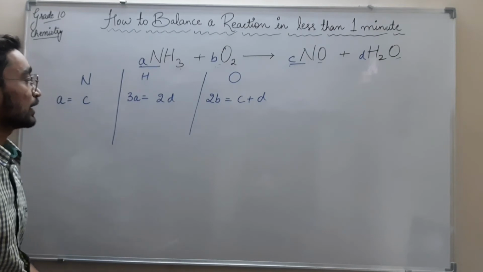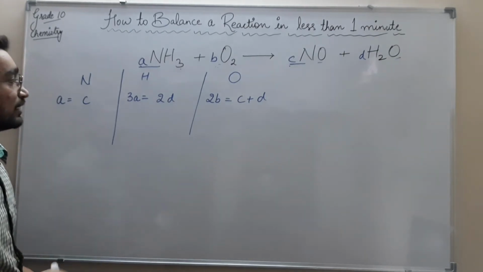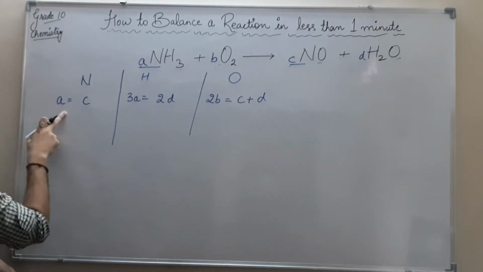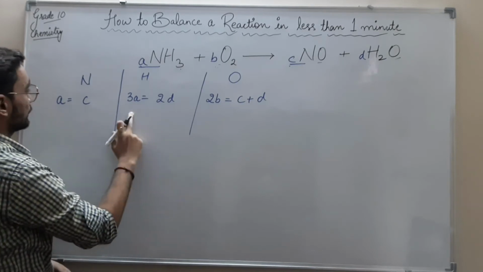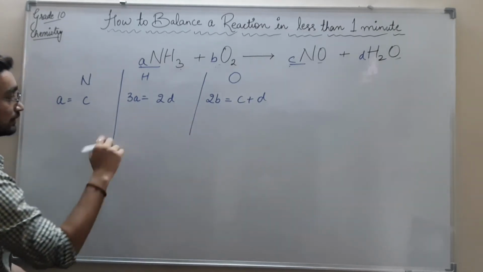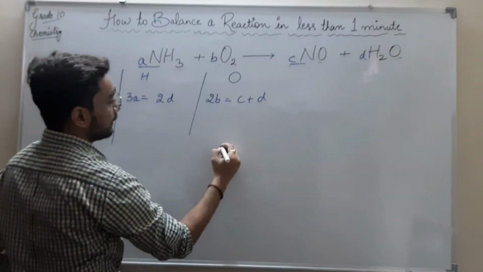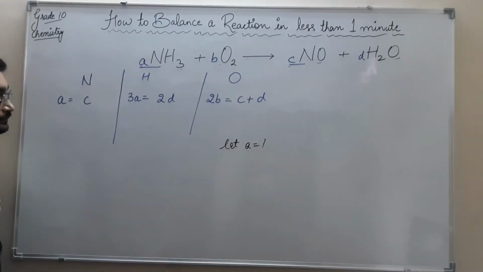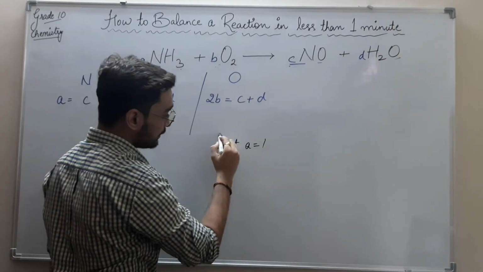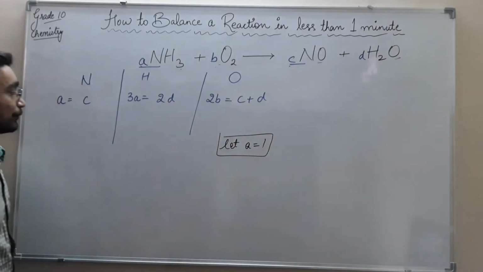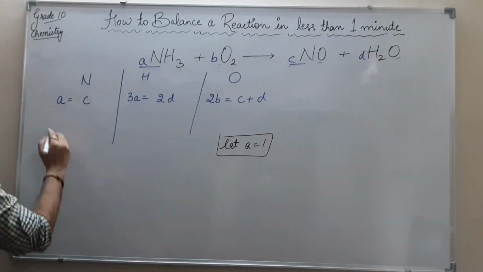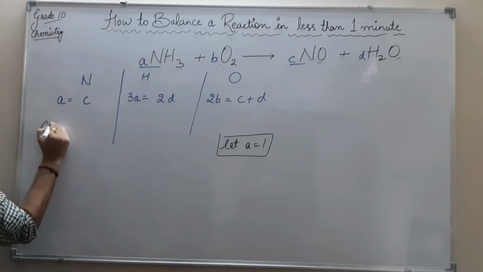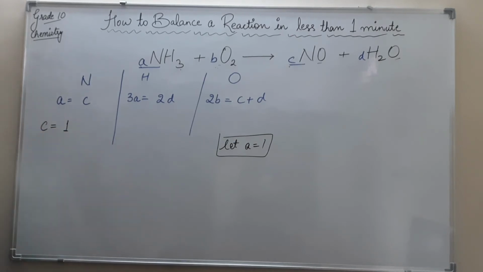Okay, so which is coming the maximum number of times, we can assign them a value. A is equal to 4 and D 3. So let us say that let A is equal to 1. I am saying that let A is equal to 1. If A is equal to 1, then C will be equal to 1.